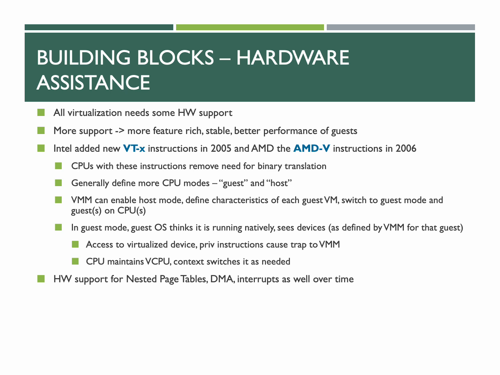Now, hardware support has also expanded to include nested page tables, which improve memory management between host and guest systems, reducing the overhead for address translation. Like direct memory access, DMA, and improved interrupt handling mechanisms are also supported, enhancing the efficiency and responsiveness of virtualized environments.